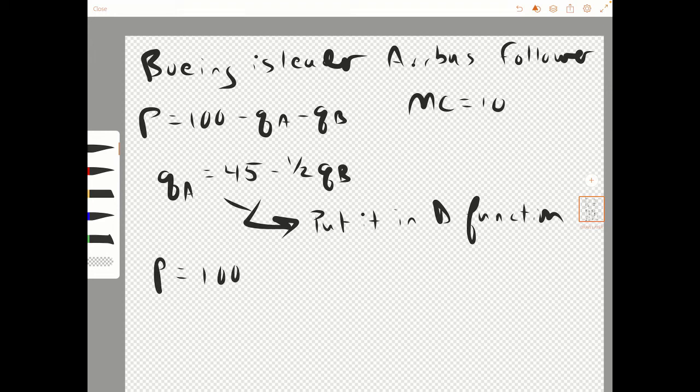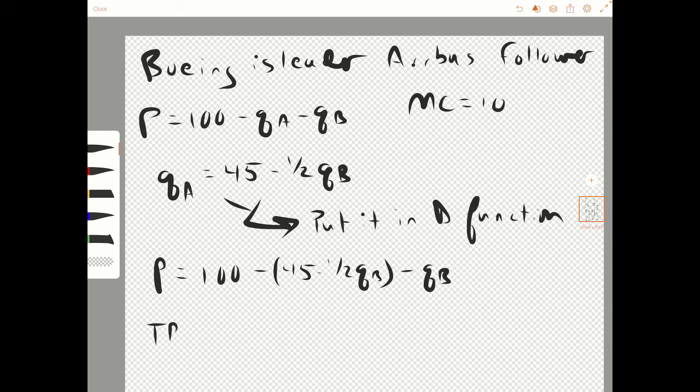Here's our demand function. With Airbus being the follower, we're going to put 45 minus 1/2 QB into that demand function.